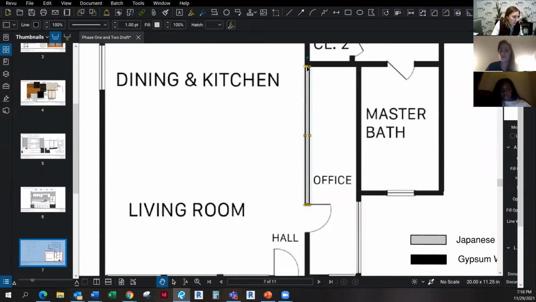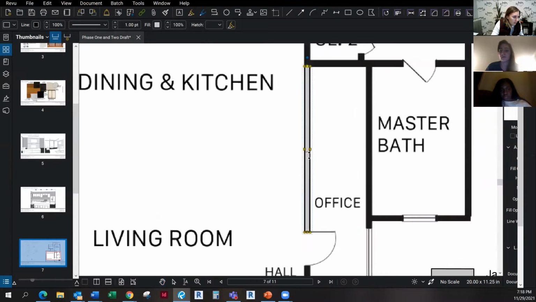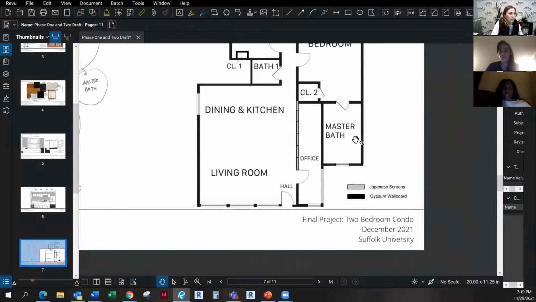I'd probably go like this, because it's probably two-foot sections maybe. Right, they're paneled. So you could do it like this as another way, just to represent that it's not the same type of wall, however you want to do it.